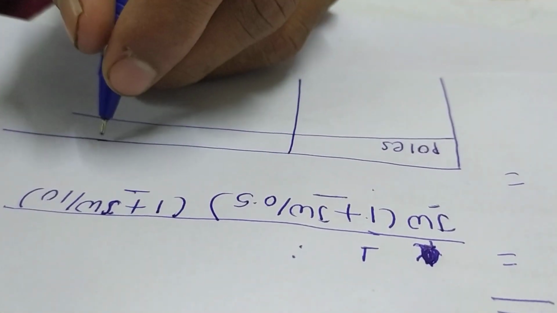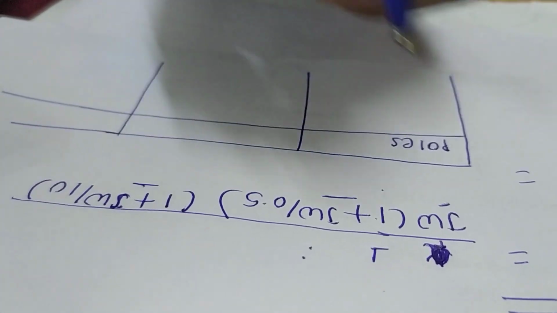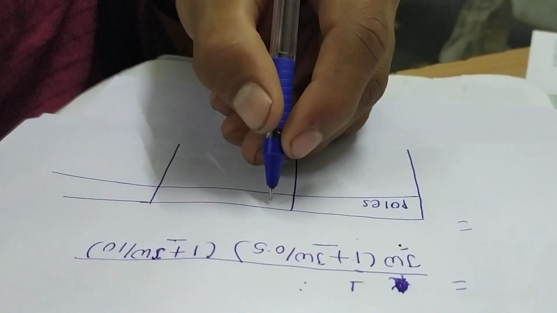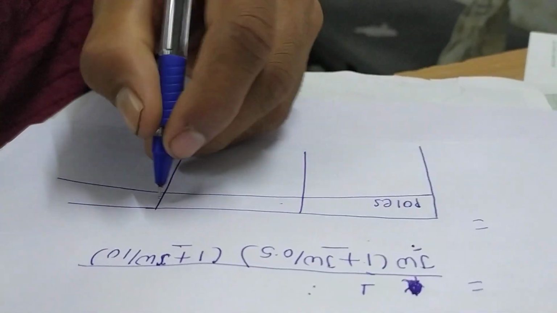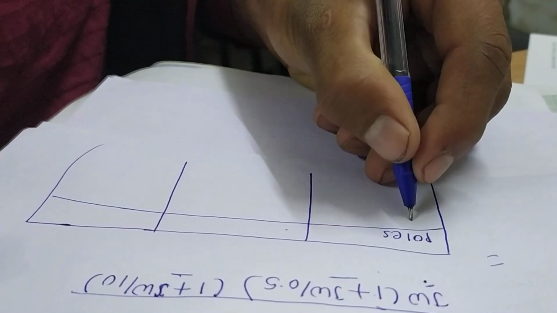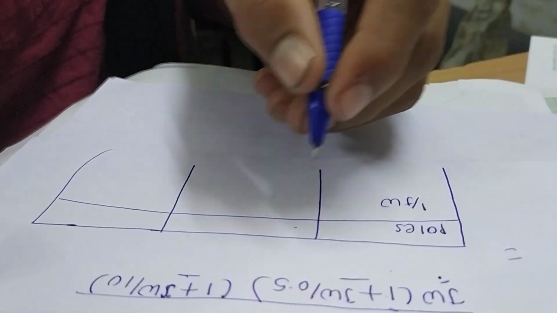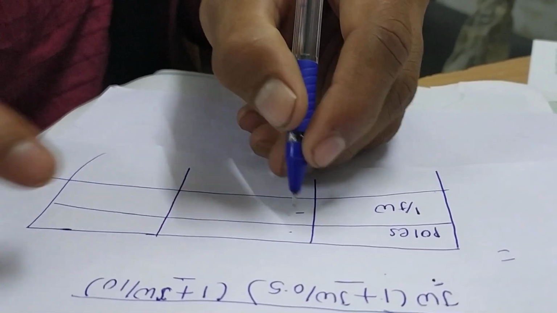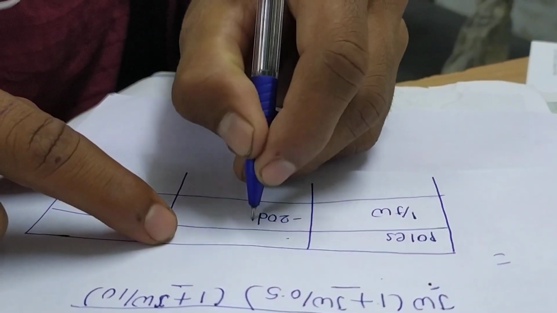Every pole at the origin is decaying by minus 20 dB per decade. So my first pole is 1 upon j omega, which means my value is decaying by minus 20 dB per decade.